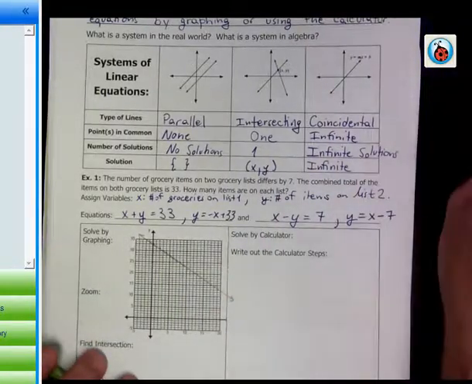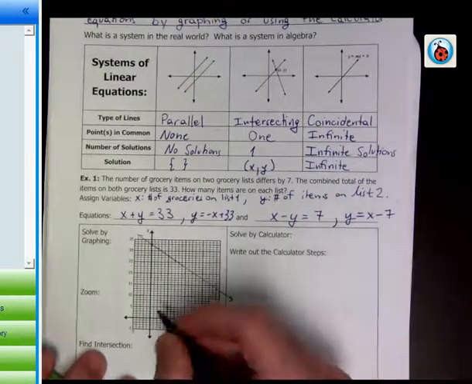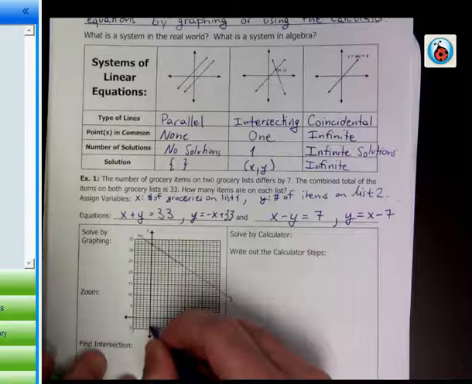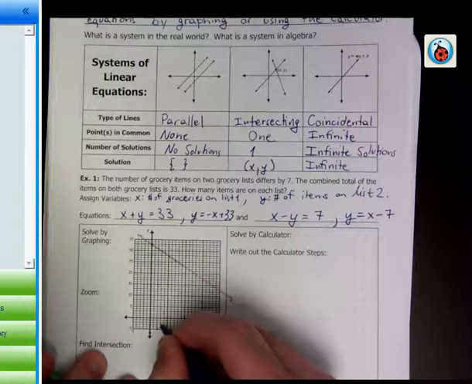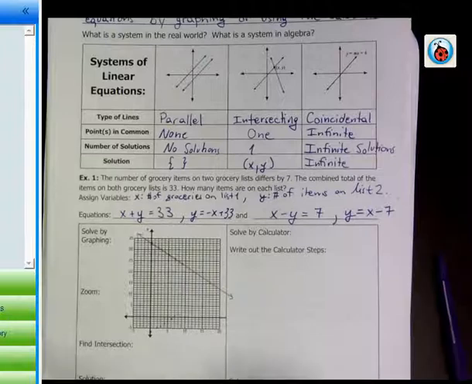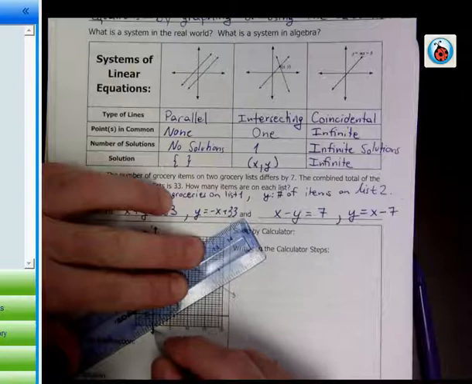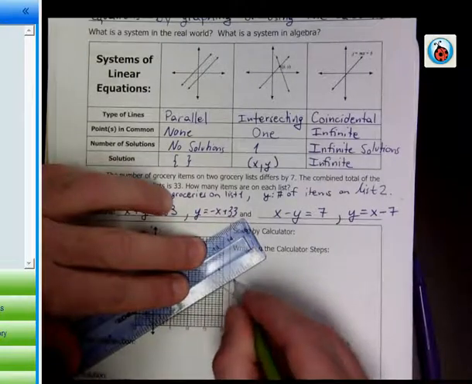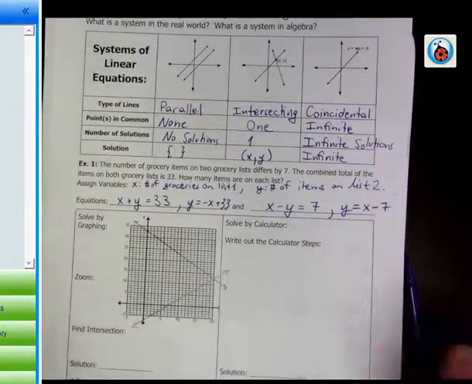And then I have this other line here. My y-intercept is negative 7, so 1, 2, 3, 4, 5, 6, 7. And it goes up 1 over 1, up 1 over 1. Okay.